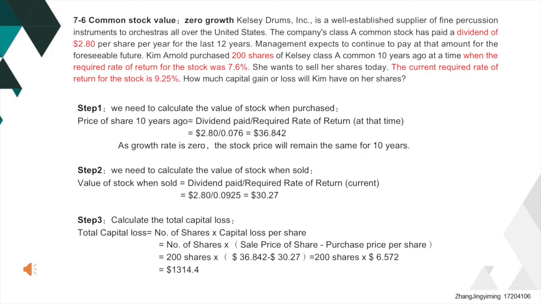It's equal to the number of shares times the capital loss per share. So we use the 200 shares times the sale price per share minus the purchase price per share. So Kim will lose $1,314.4.